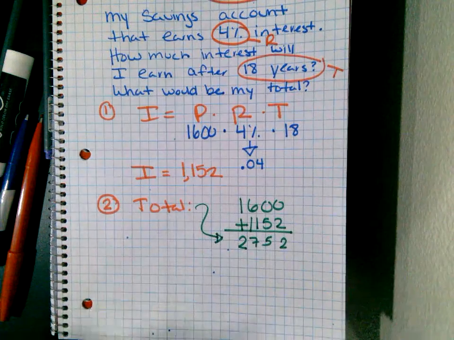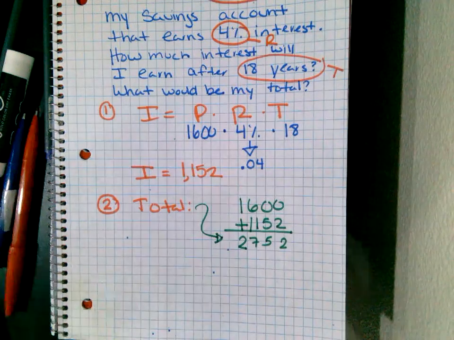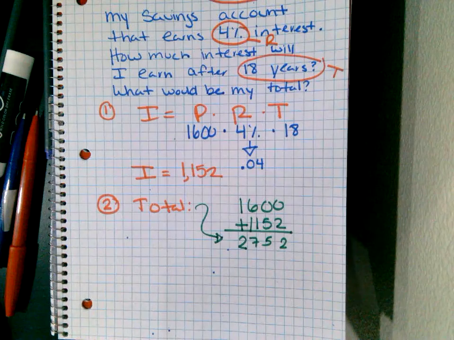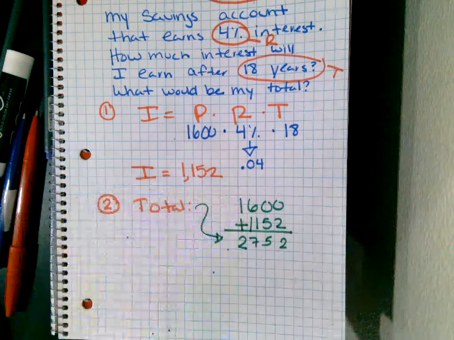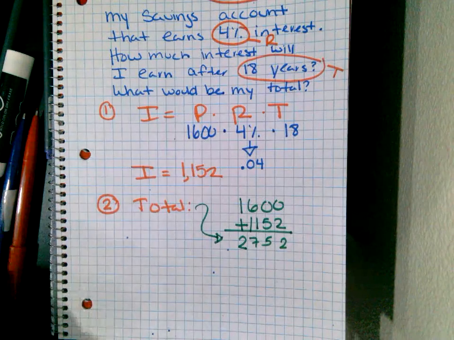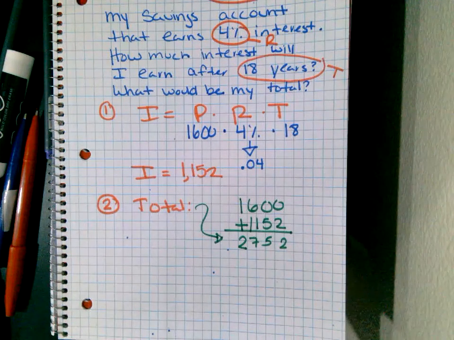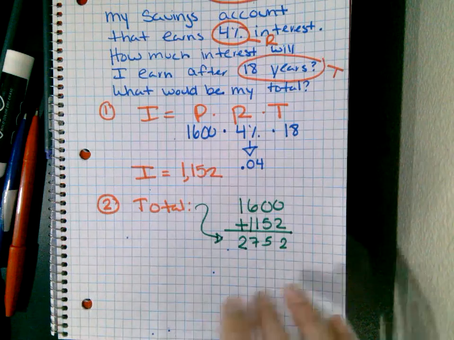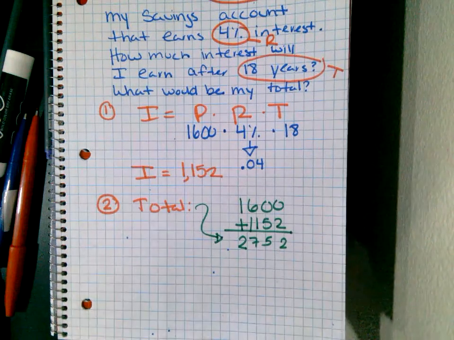So when I turn 18 and I go to the bank, I'm not just going to have $1,600 in there. I'm going to have $2,752 because of interest. Interest allows me to have more money in the bank. This is a positive form of interest, when you earn basically free money.